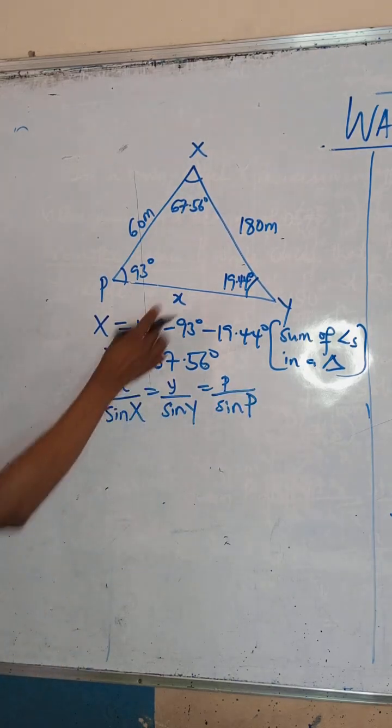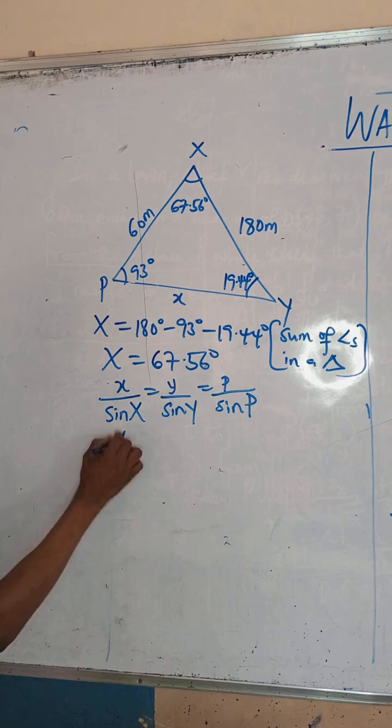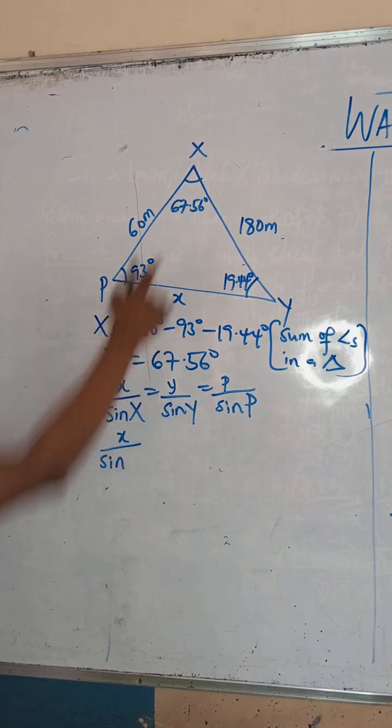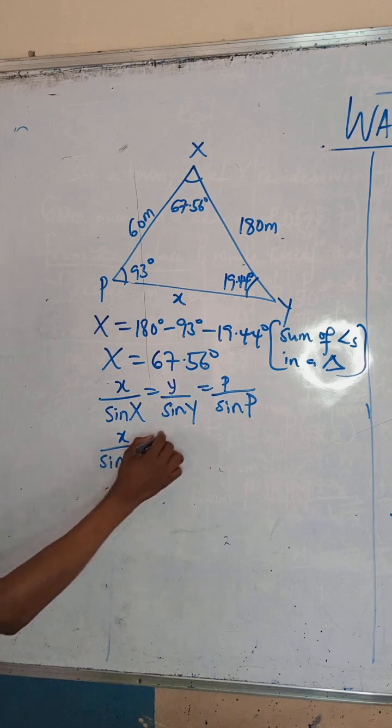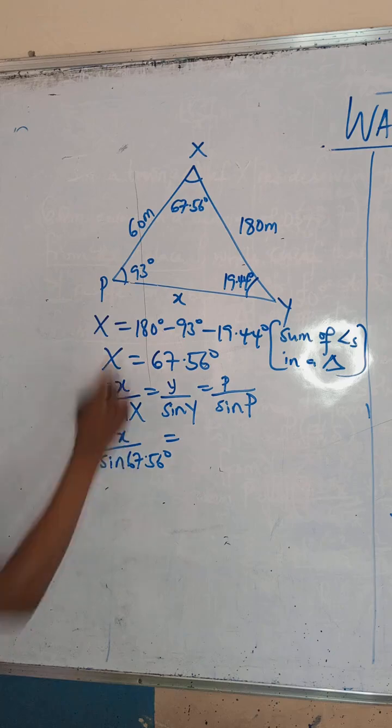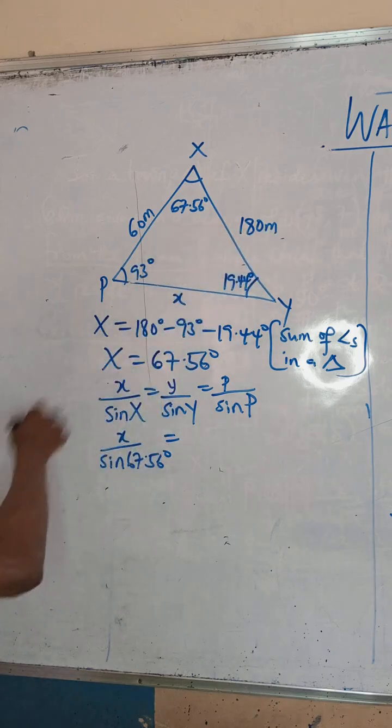So let's take it quickly. This is the x I'm looking for, divided by sine x, the angle, 67.56. That was why we got that angle. Equals, which one should I use? Let me use this one, equals p over sine p.